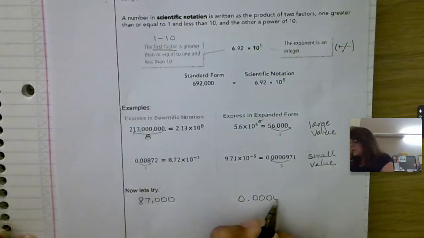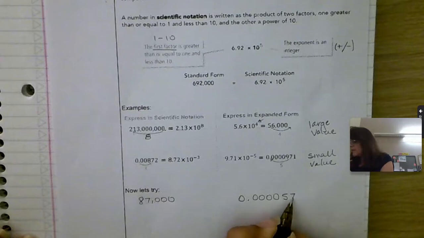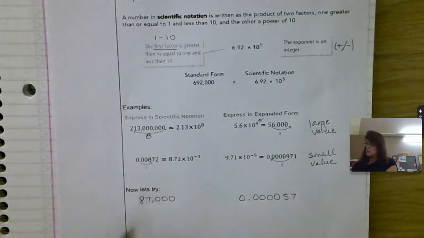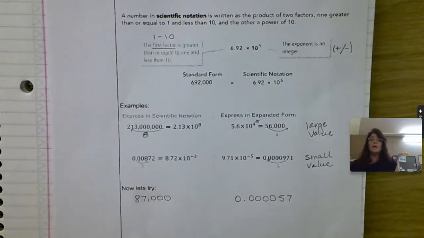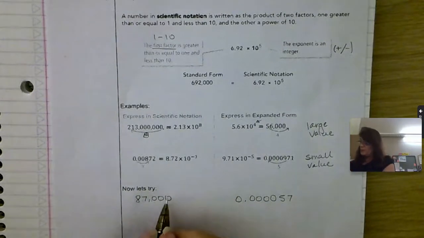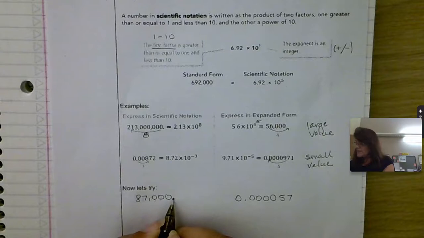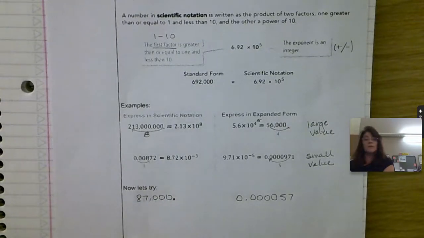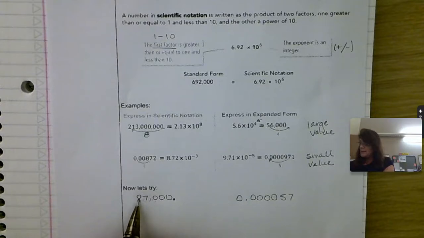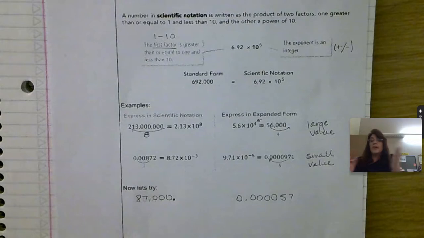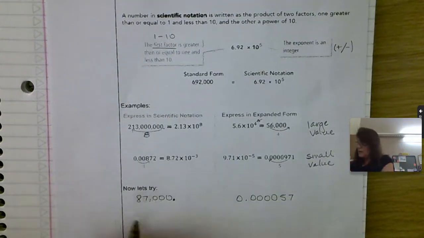So we're writing down these two in standard form, and that's where they are. The decimal is here at the end of the number. If I want to make 87,000 a number between 1 and 10, I'm going to write 8.7.